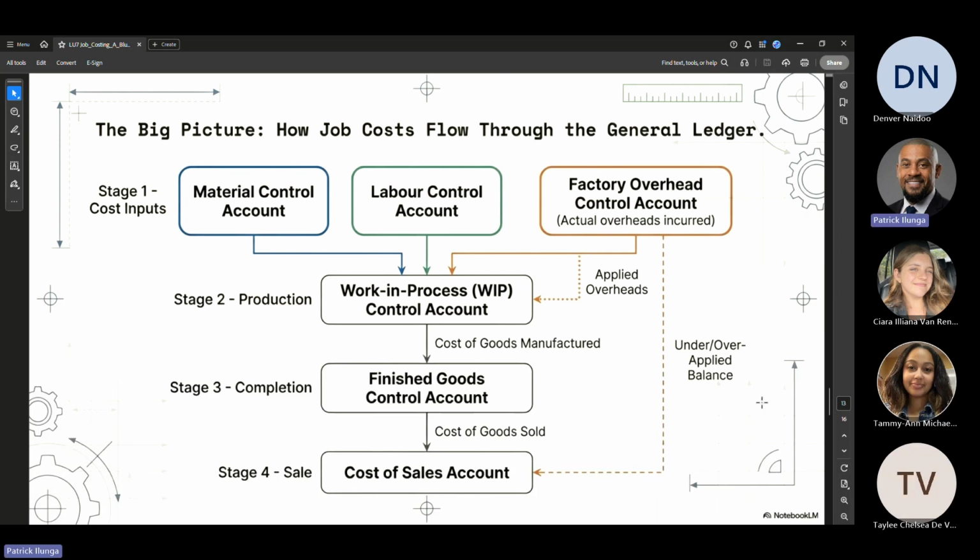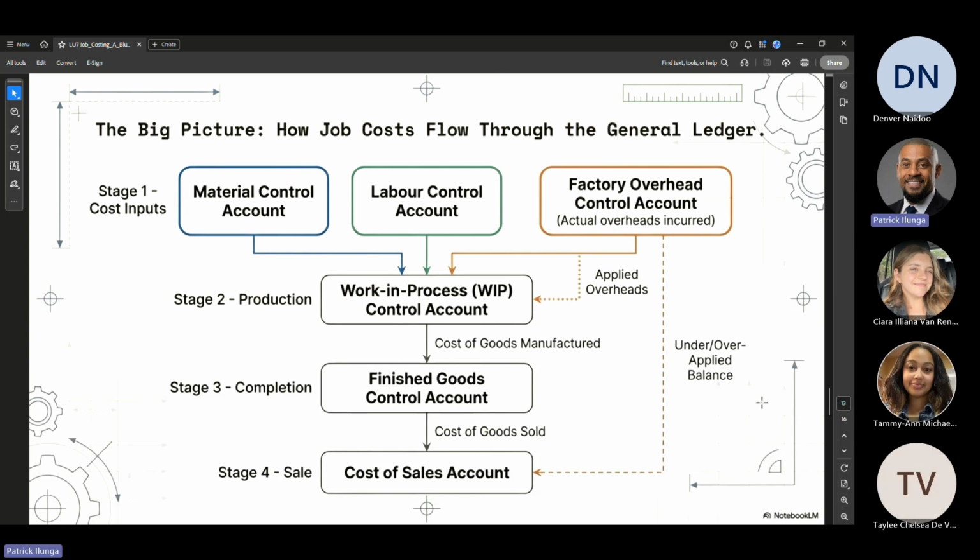It says you need to look at the material control accounts for the ledger. You need to look at the labor control account, because ultimately what we're doing here, this exercise, is helping you to understand that when you talk about finance, you need to be able to control your cost. If you're able to control your cost, then you're able to maximize your profits. So cost control is very, very vital, right?